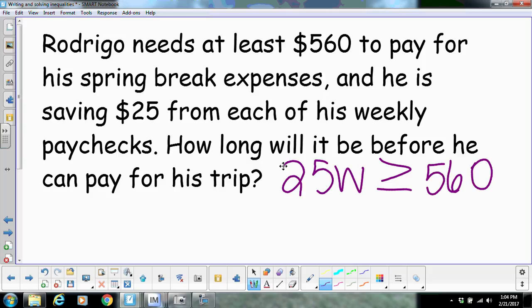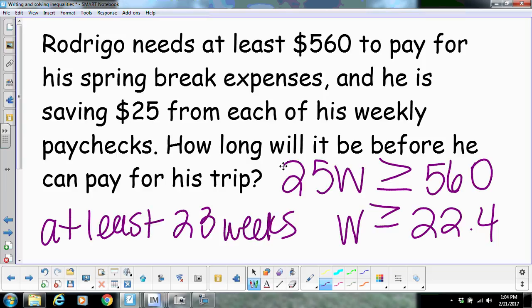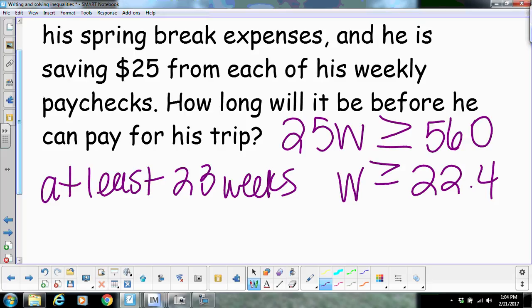What do you get? Okay, so we get 22.4, but if he only saves for 22 weeks, does he have enough? No, so he's got to save for at least 23 weeks. Okay, and if you want to write it like this, you can do that as well, but just know, he can't save just a part of a week. It's either 25 for the week or not.